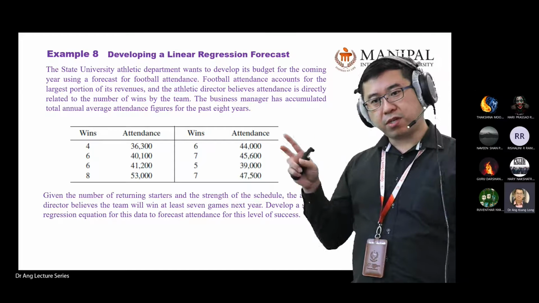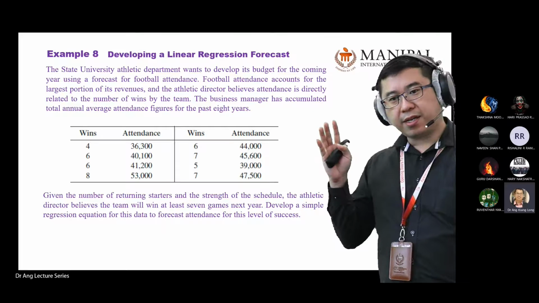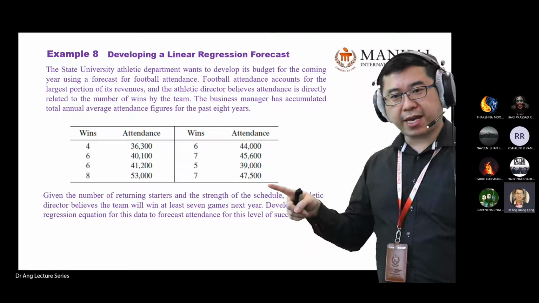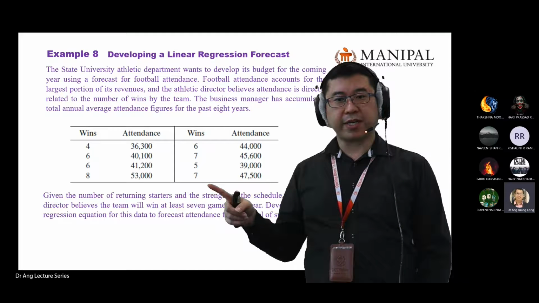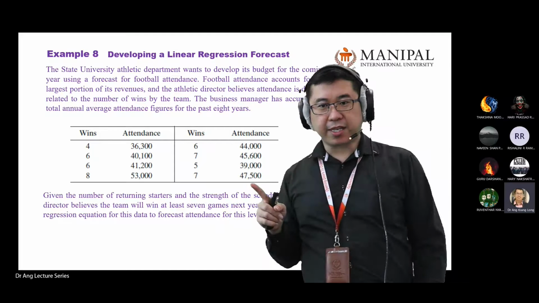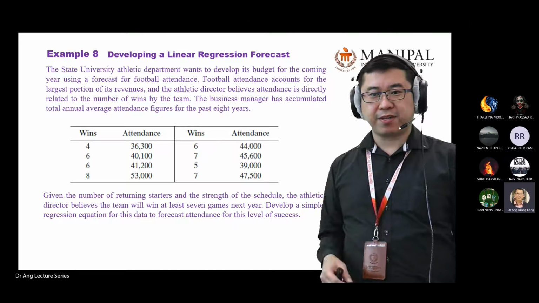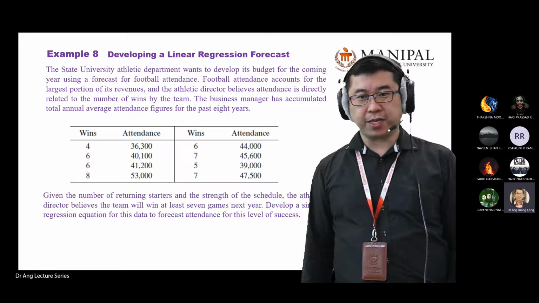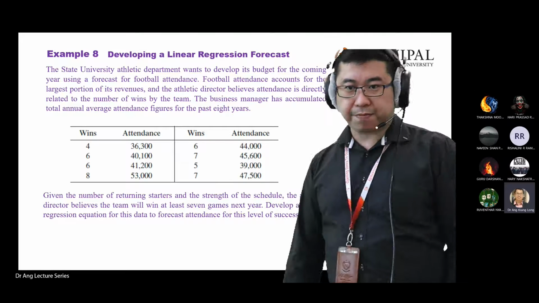This means we use the 8 years of data to forecast next year's attendance if they win 7 games. How much attendance do you forecast? It's like estimating what the audience will be in the hall.